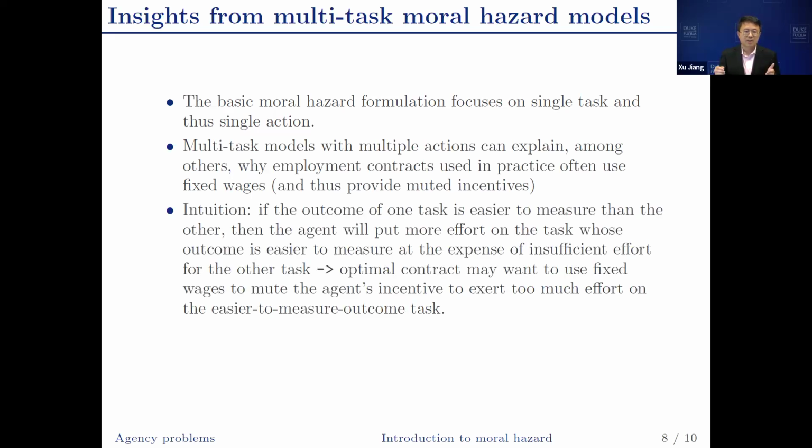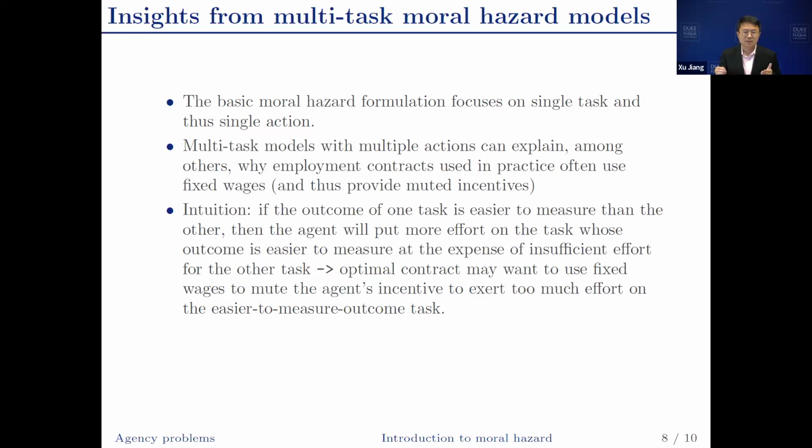If you have multitasks, then it is possible that the outcome of some task is easier to measure than the others. In this case, if you provide incentives, if your wage payment varies with the outcome of the tasks, the agent is going to provide a lot of effort on the task whose outcome is easier to measure.